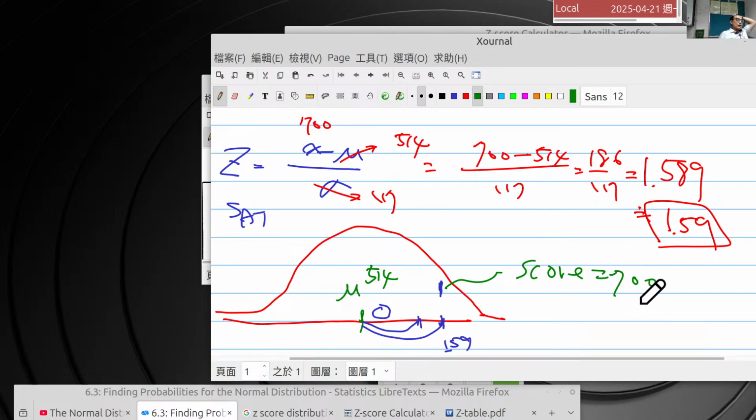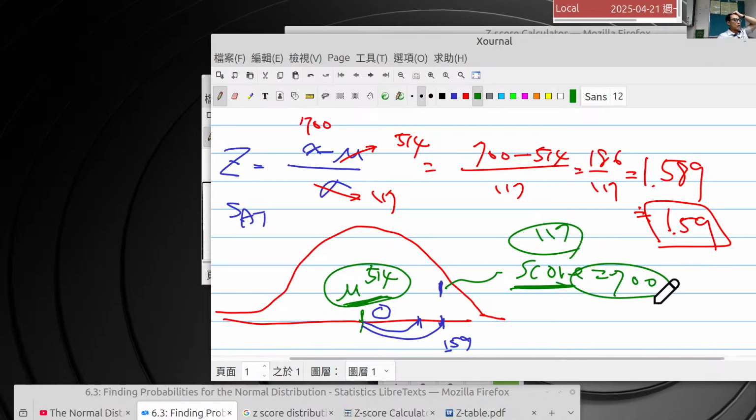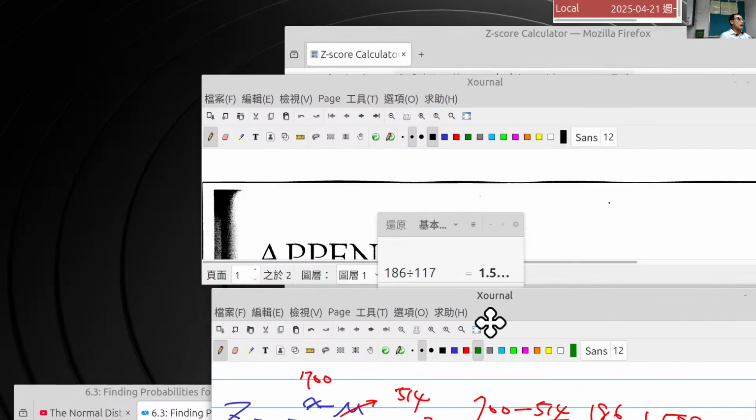Okay, sure, if you are interested to know the details, I can tell you how to calculate that. In other words, from the green, the original normal distribution, the sigma is 117, the mean is 514, and the score 700 is located close to this one. The corresponding normal distribution, that's 0 and 1.59. Is it okay? Is it okay for you? Okay, let's move to the next one.